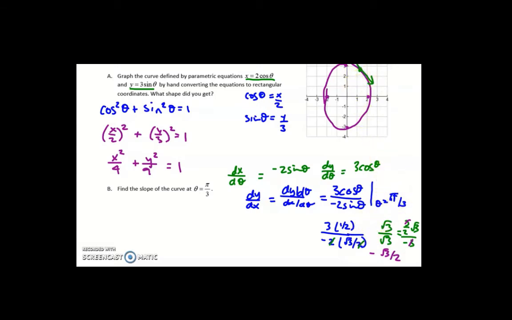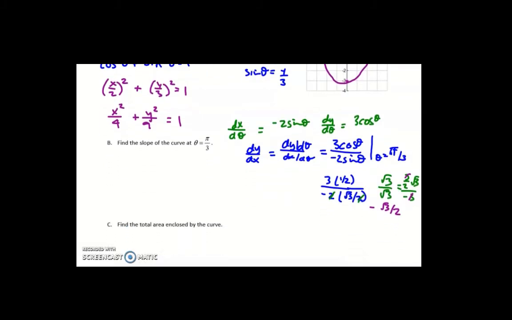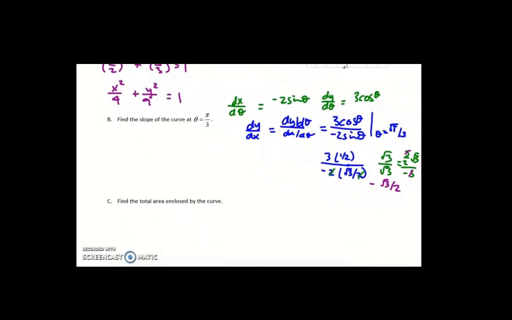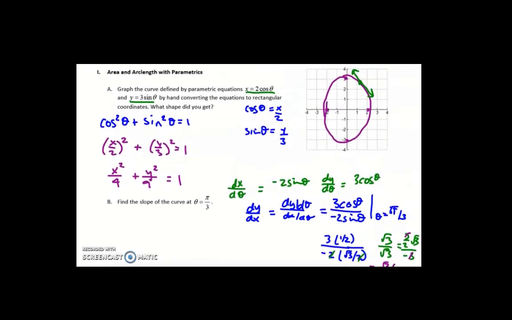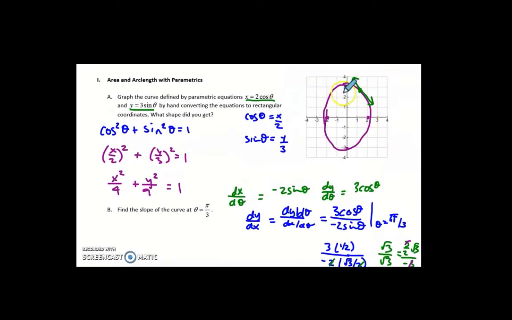So continuing with this example and continuing work with parametrics, actually, we're no longer doing the basics. We're going to go to area now. And they want to know the whole area of this curve. Now, this is an ellipse. If I wanted to get area the traditional way, what I would probably do is just look at what's sitting here in the first quadrant.